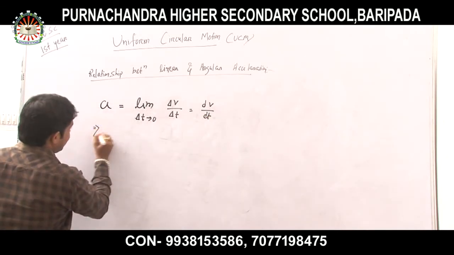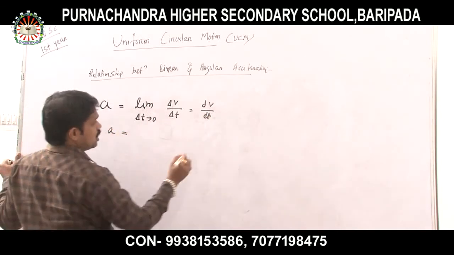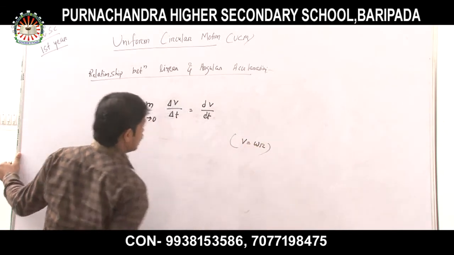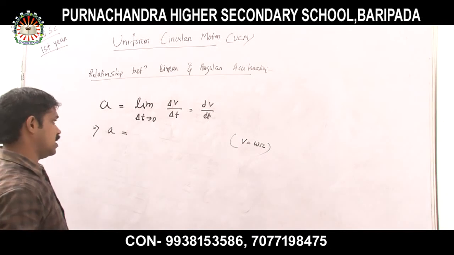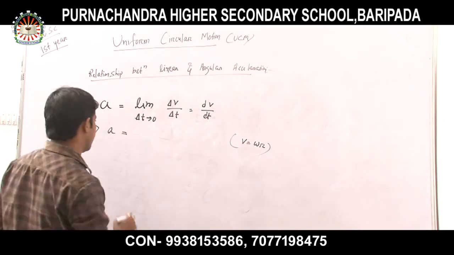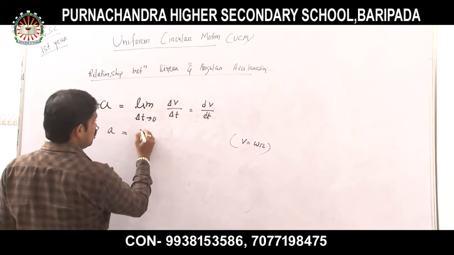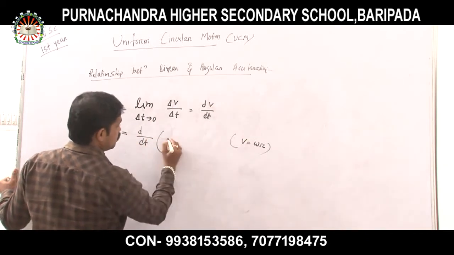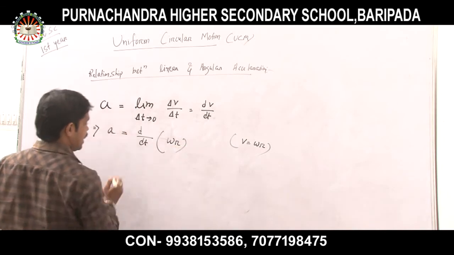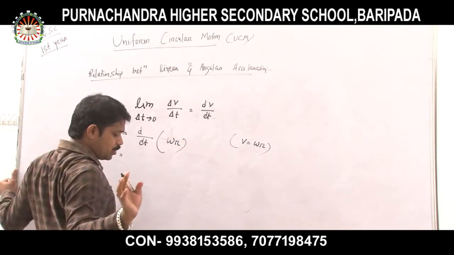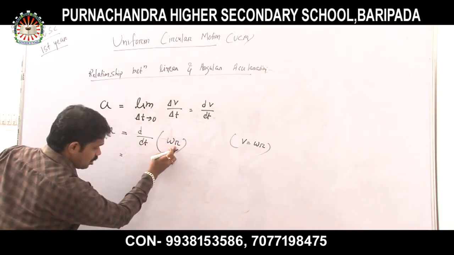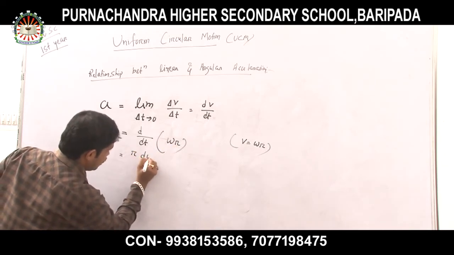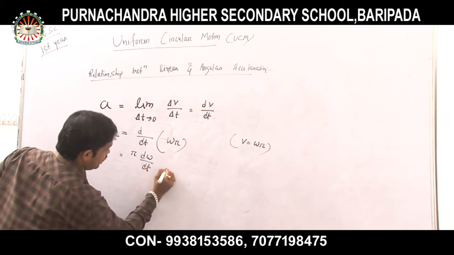So A is equal to, now all of you know the relationship between linear velocity and angular velocity, v is equal to omega r. So A is equal to d by dt of omega r. Let us take the r outside, so r d omega by dt.